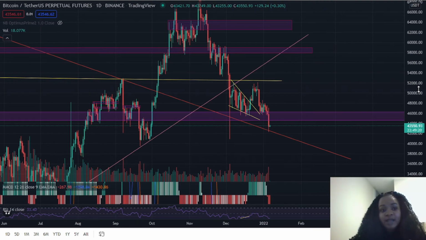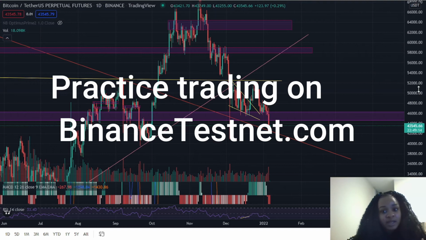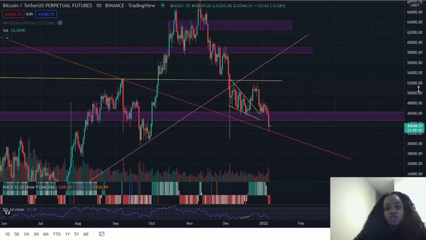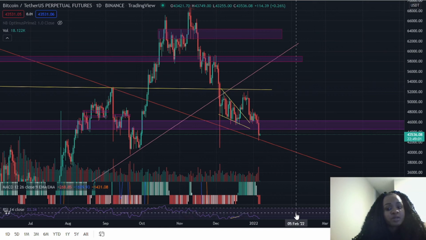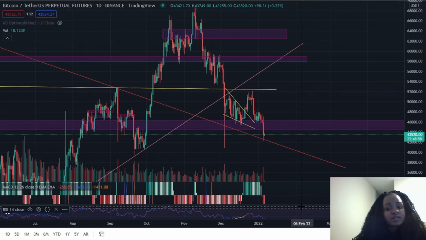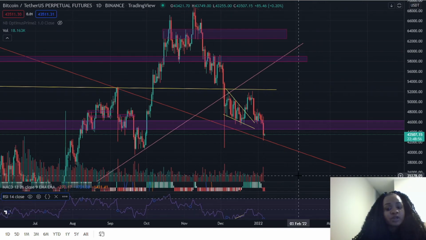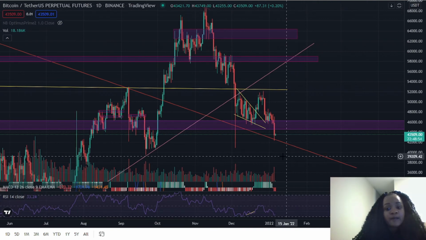Binance has a platform that allows you to practice trading with fake money. I believe they give you 100 grand that's fake that you can just use and trade. As you do that, you're going to start building up the skills. Never get started with your real money until you're confident and you feel like you know what you're doing.